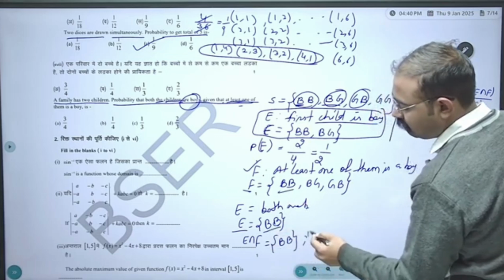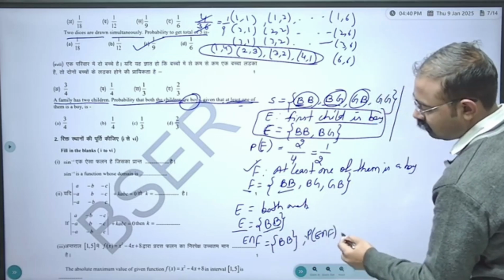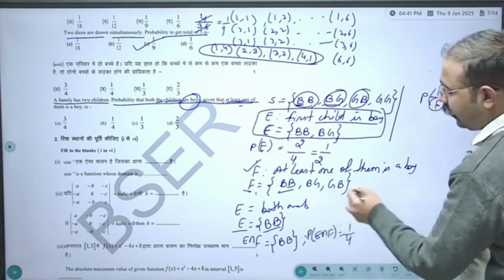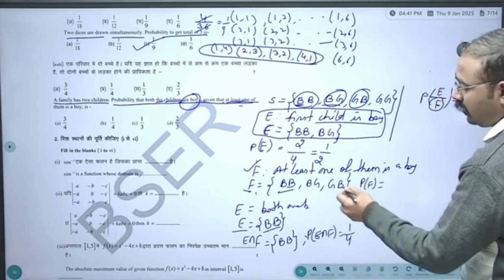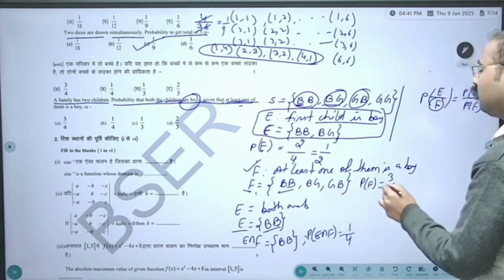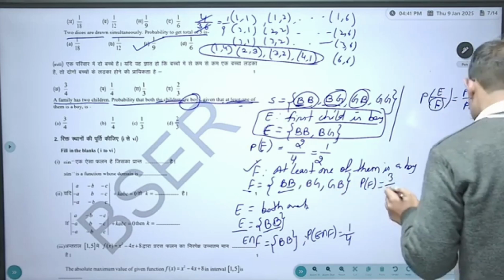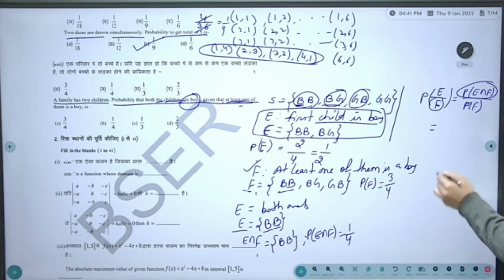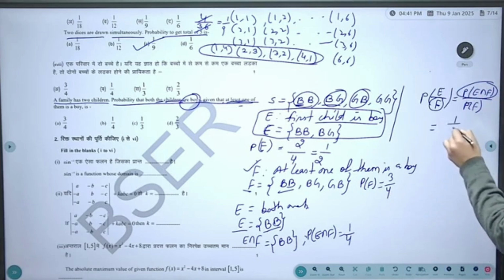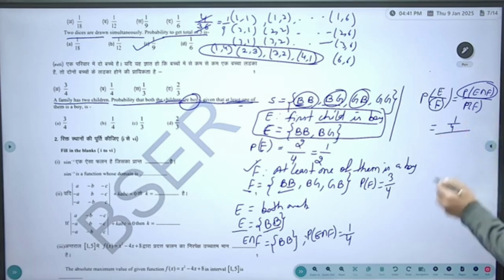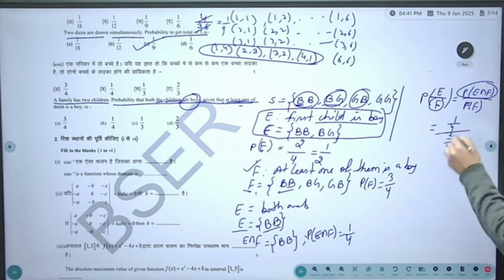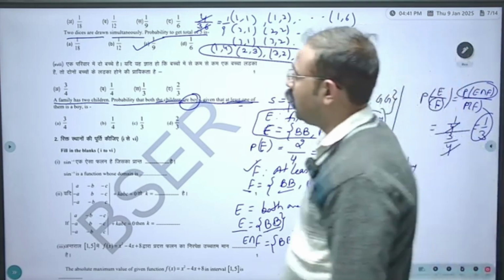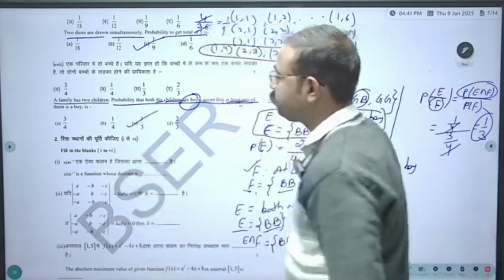And its probability P(E intersection F) is 1 upon total 4. Probability of F, in F we have 3 outcomes, total 4, then 3 upon 4. Now probability of E intersection F is 1 upon 4, and probability of F is 3 upon 4, 4 to 4 cancel, 1 upon 3 is the correct option, and this option is C.